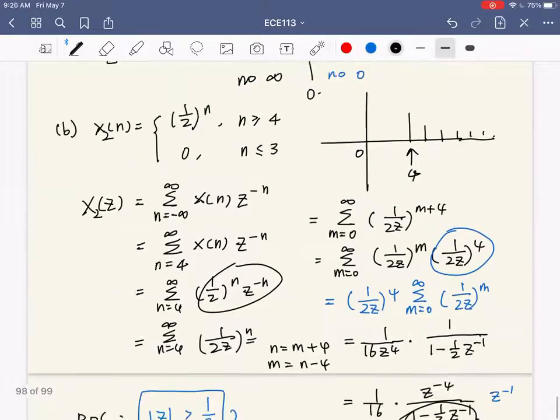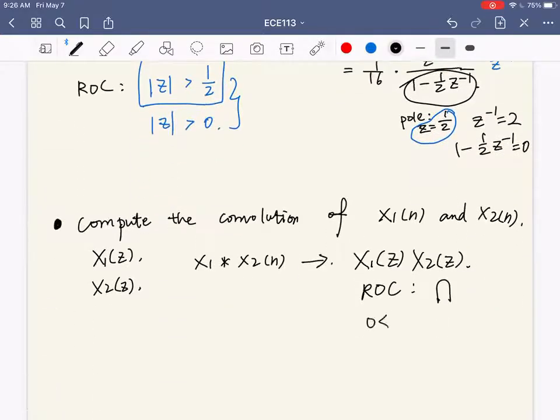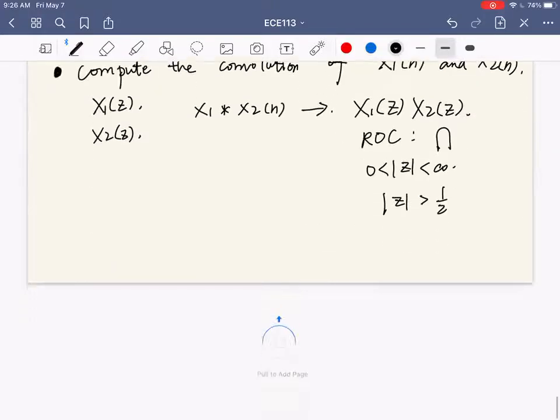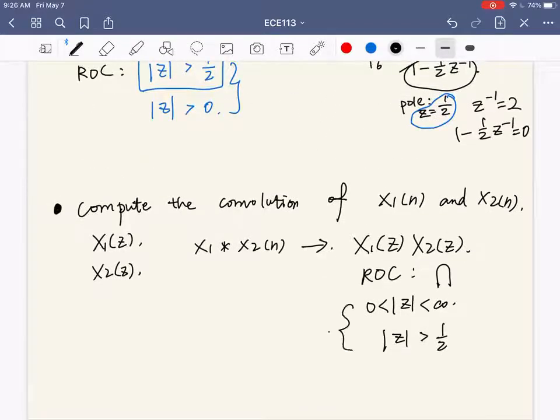For the first one, we know that it is this, and for the second one, it's this. So the result should be between a half and infinity. So you just can't believe how convenient it is. Any question here?